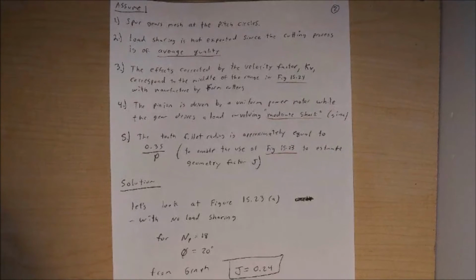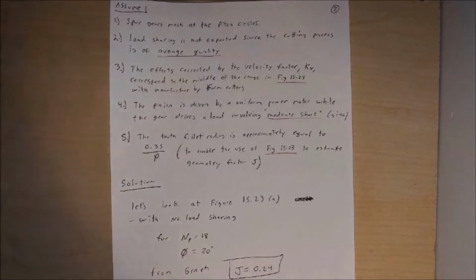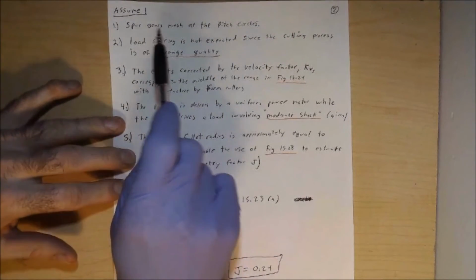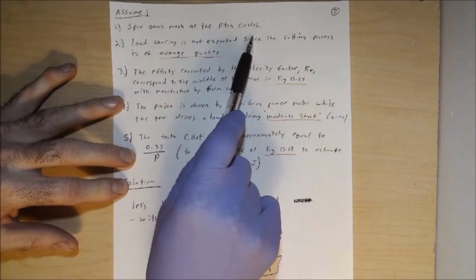So now that we have all the information from the problem statement laid out in front of us, we understand what we're looking at as far as our variables, what they want us to solve for in the problem. The next thing we want to do is to come up with all the assumptions that we're going to make in order to solve this problem. So a lot of this information is given to us within the problem statement. The first thing that we want to do is make the assumption that the spur gears mesh at the pitch circles.